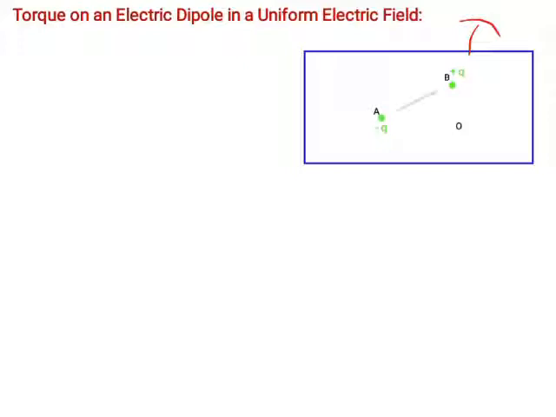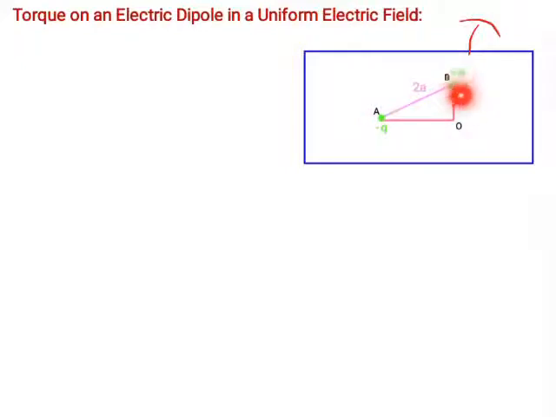Consider dipole AB here. AB is a dipole where negative and positive charges are present. Dipole distance is 2a. OB is perpendicular to AO. So we have to join B, O and A. Here OB and AO are imaginary lines.